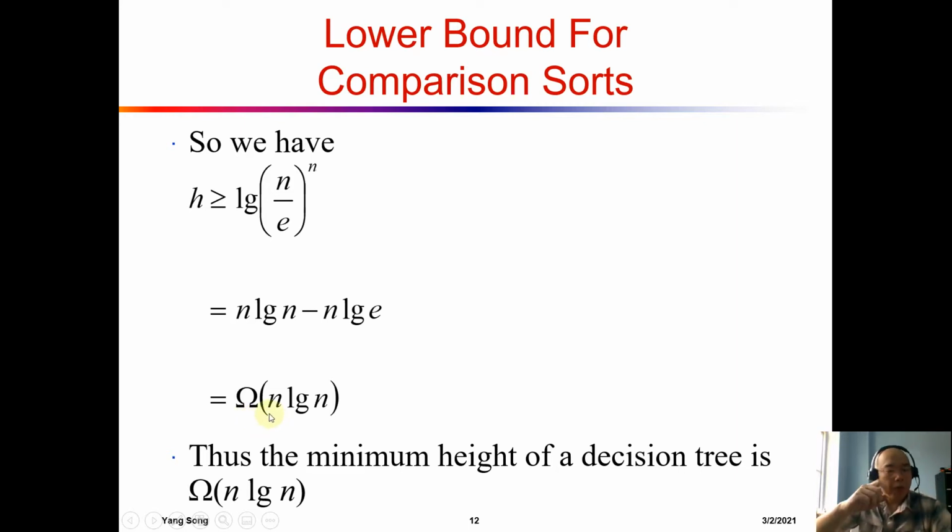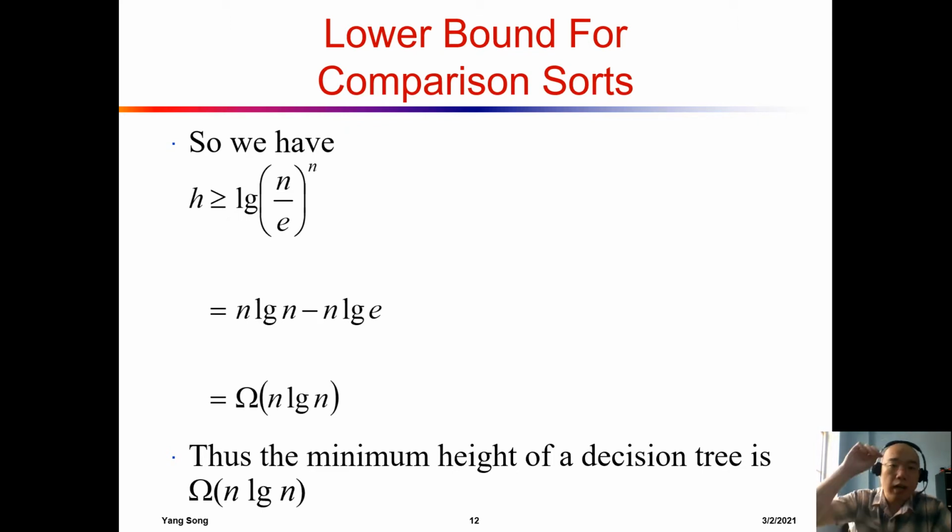And by the way, think about that. What is the height of this decision tree? The height is how many comparisons we have to make from the very first comparison to the very last comparison before we can draw a conclusion on the final sorted version of the list, right?